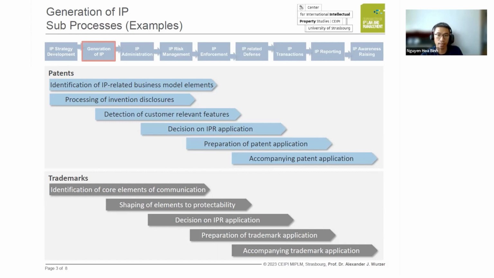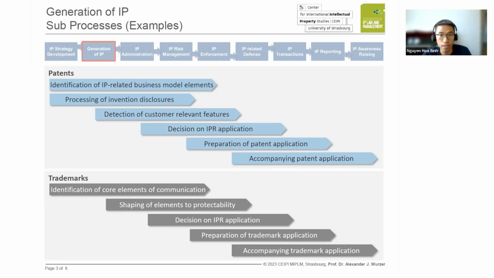The inputs are the business model elements. Then the inputs will be processed by the disclosure team to have the primary result, such as the invention of a charging station in a parking space as an investment object.